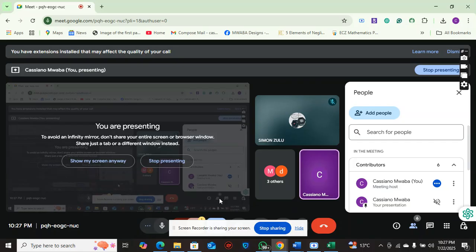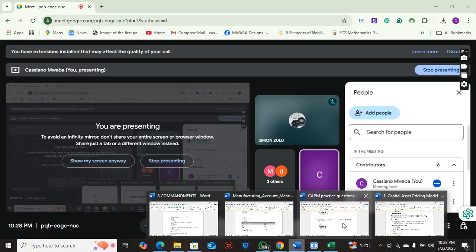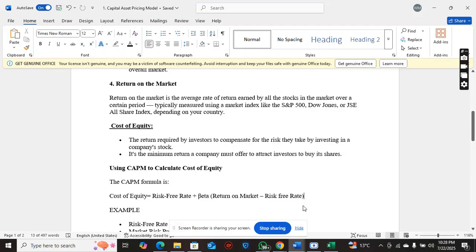If we increase the beta, what you notice with this formula is that the required rate of return on the investor side is also going to increase. So it's just saying in simple words, higher risk, higher returns. Low risk, low returns.